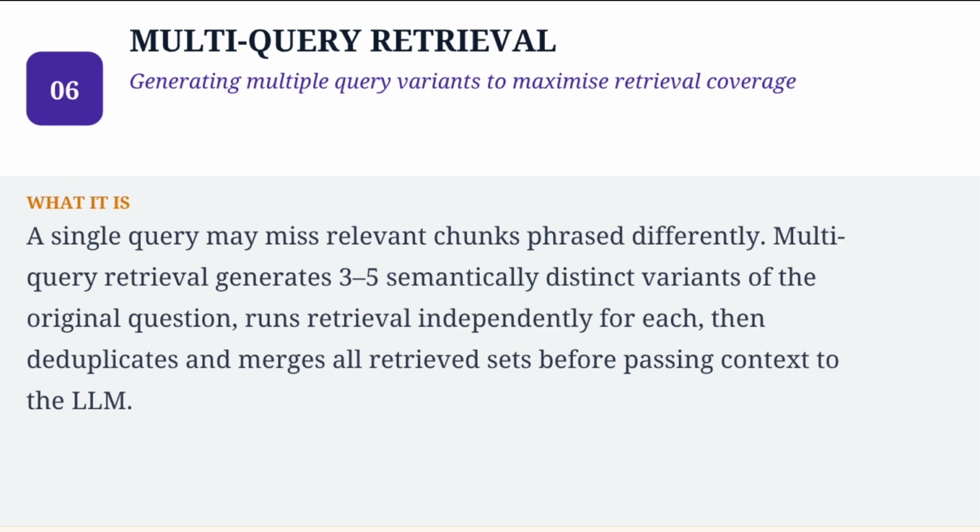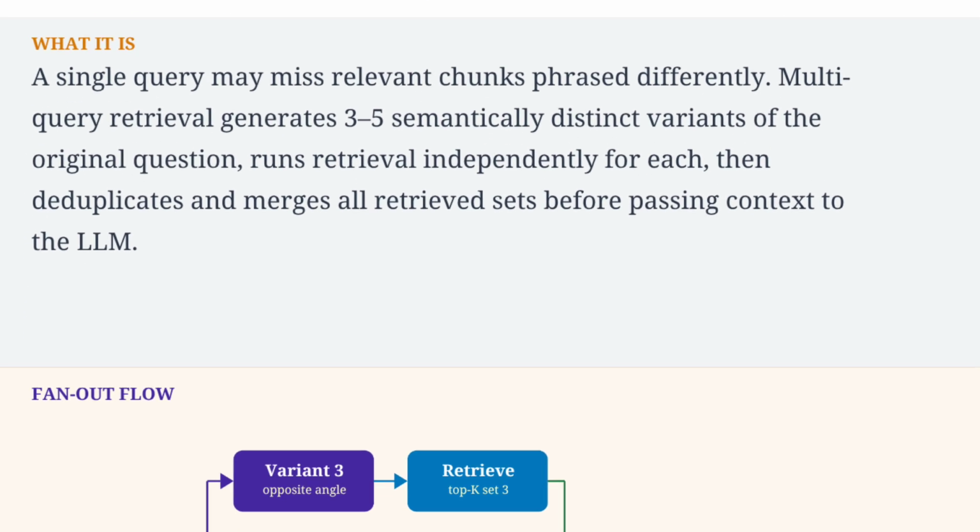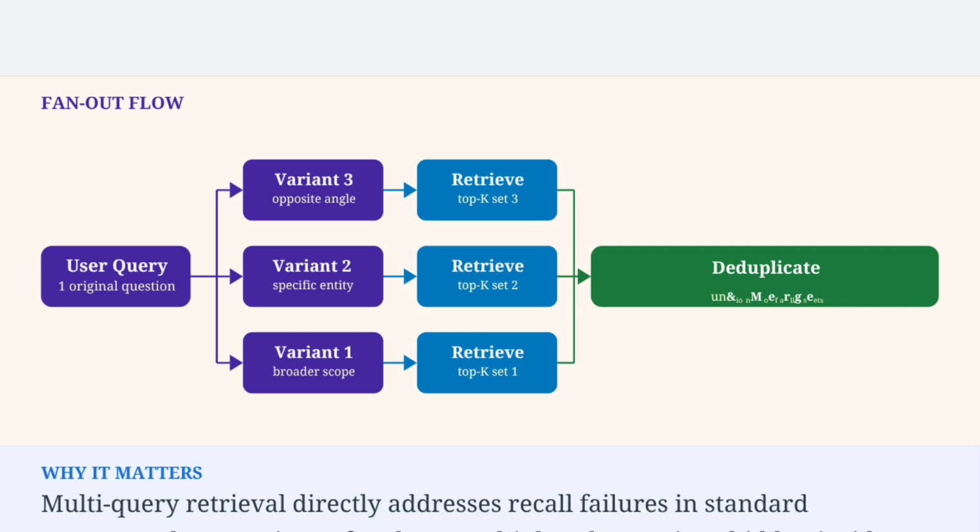Multi-query retrieval handles this by generating 3 to 5 semantically distinct versions of the original question. Each variant runs its own independent retrieval. Then all those results get deduplicated and merged into one unified context set before going to the LLM.